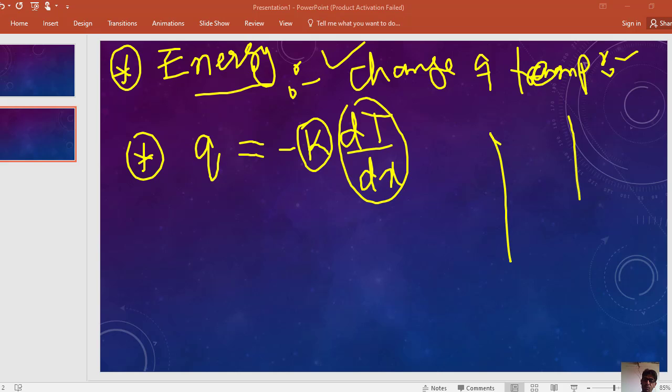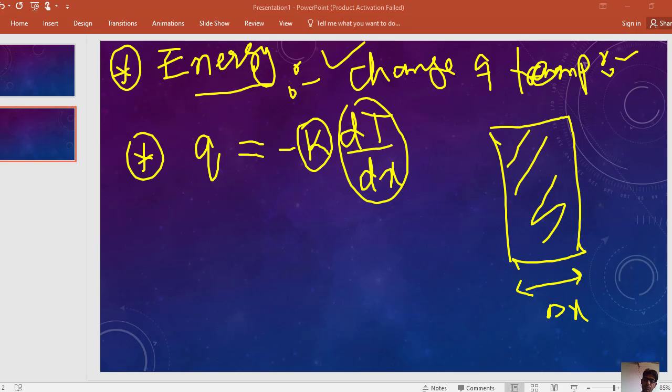Suppose we have a thick material having thickness delta x. Some hot fluid is on one side of the wall at temperature T1, and on the other side the temperature is T2. This is the cold fluid and this is the hot fluid.